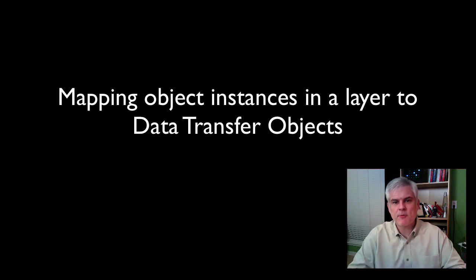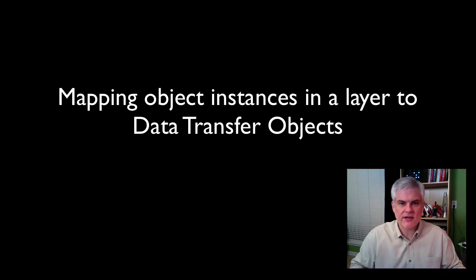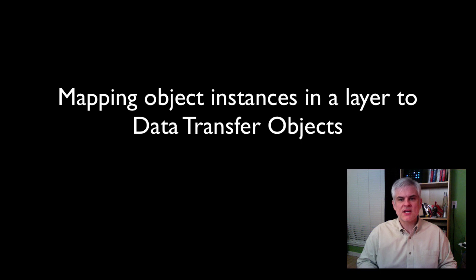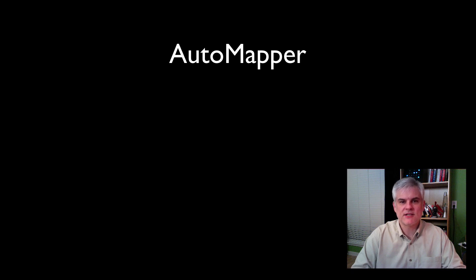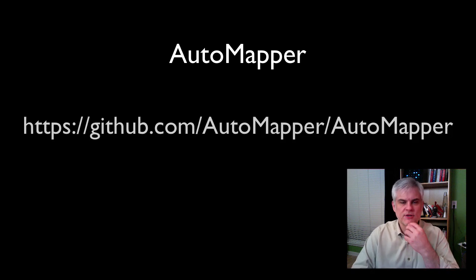So you'll have to map the properties of entity objects in the persistence layer to properties of the data transfer specific classes. And so you can write all that code by hand, or you can use a handy open source utility called AutoMapper to do this. If you take a look on screen right now, there's the URL where you can learn more about AutoMapper.